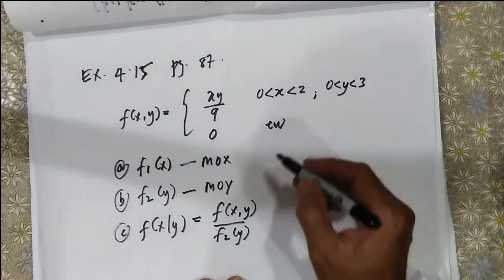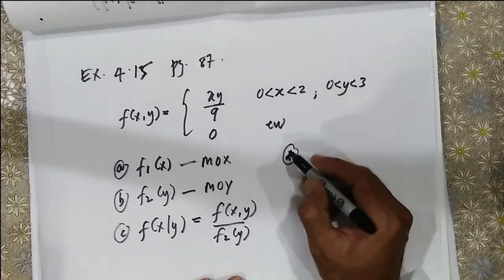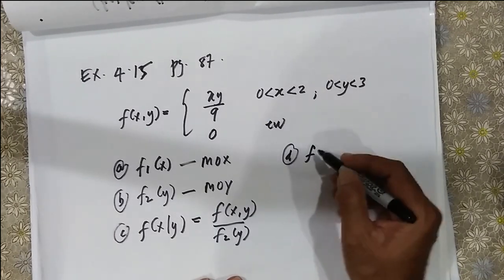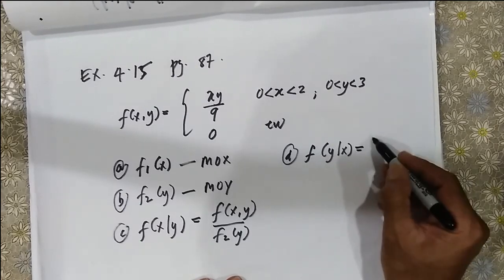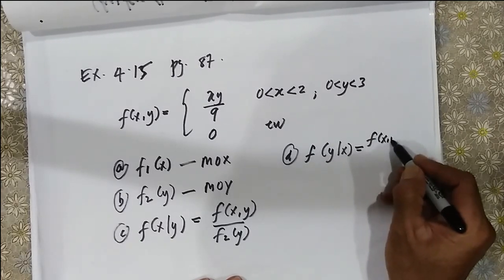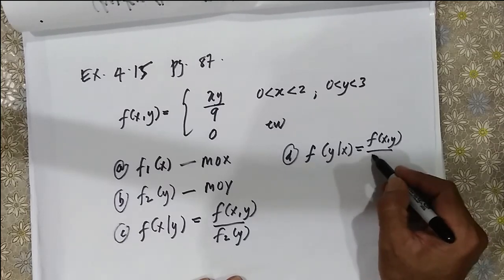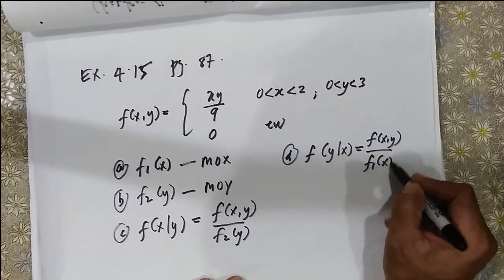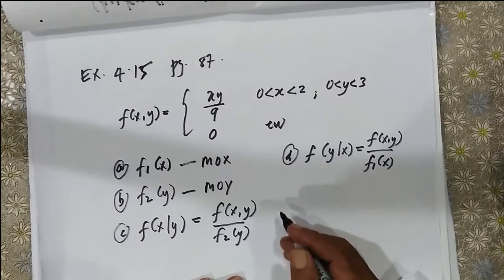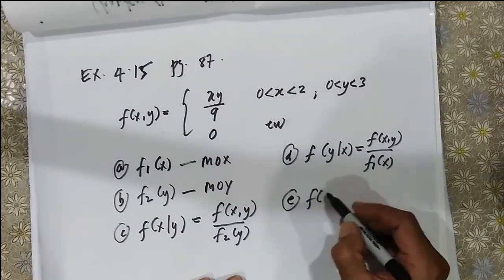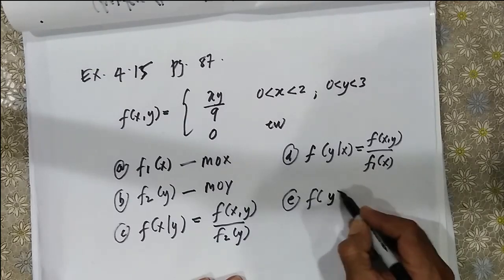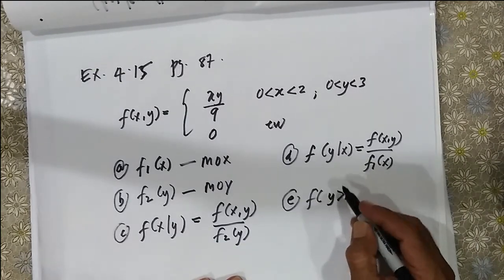I also want to find f(y) given x, which is equal to f(x,y) divided by f sub 1 x. Then I want to find the probability that y is greater than 1 given x.